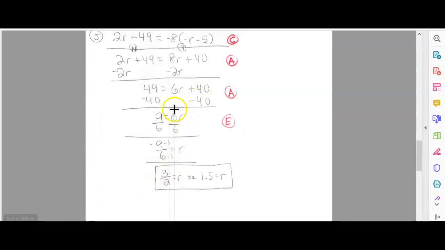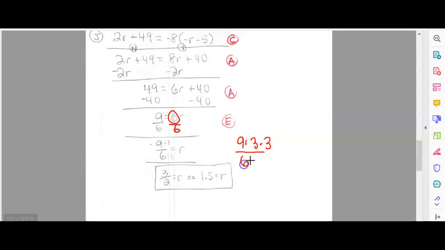So once I do that, I have 9 over 6. Because remember, I'm doing an eyeball check here. 6 is my coefficient. So divide by 6 here. What I do on this side, do the same thing over here. But notice I have 9 over 6, but it's not fully simplified because 9 and 6 share a common factor. So let's look. 9 equals 3 times 3.